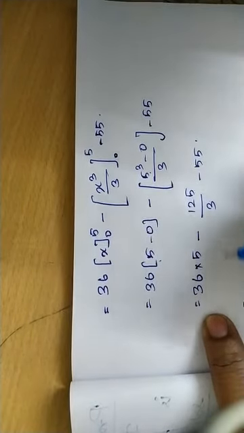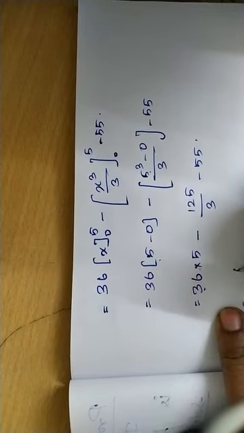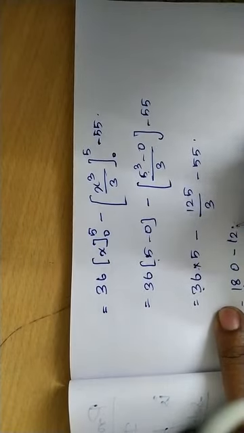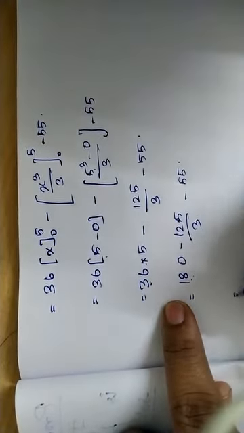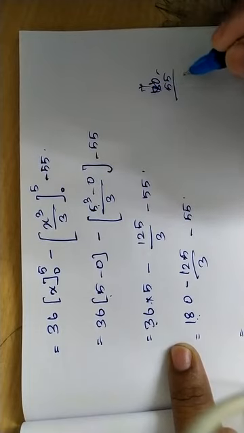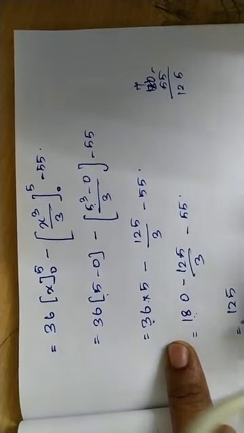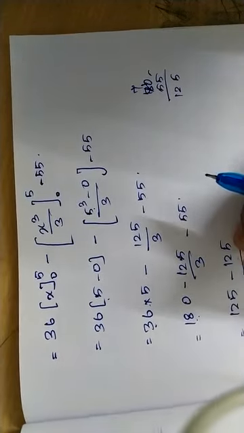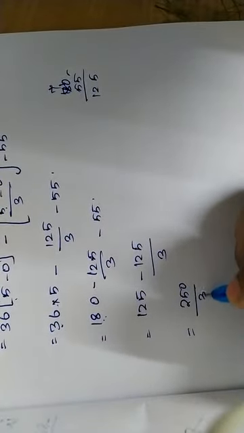So here you can take LCM for all the things, okay. 36 into 5, 6 5s are 30, 0 balance 3, 18, okay, 180 minus 125 by 3 minus 55. 180 minus 55 is 125. 125 minus 125 divided by 3, if you take LCM and simplify, you will be getting 250 divided by 3 as your answer.